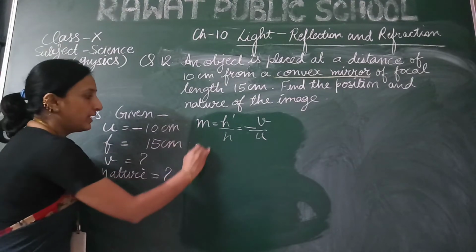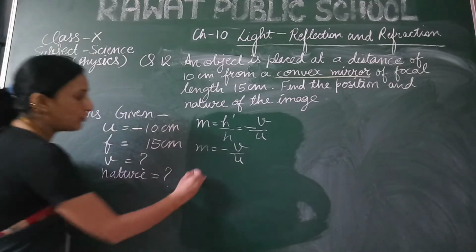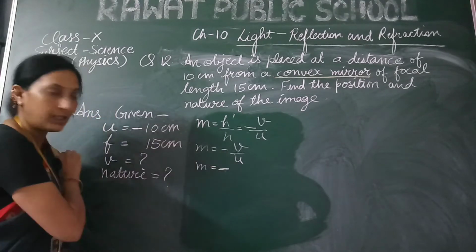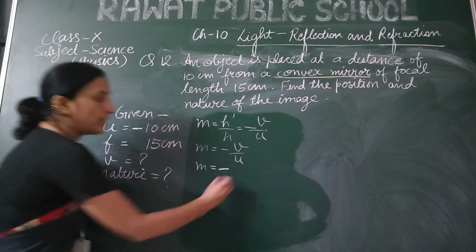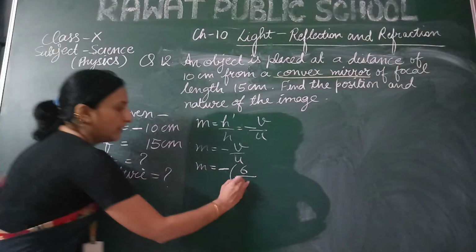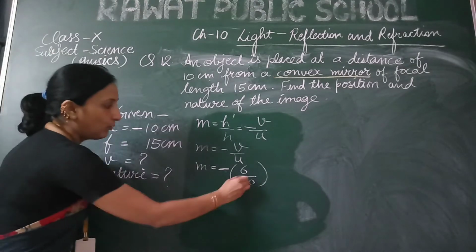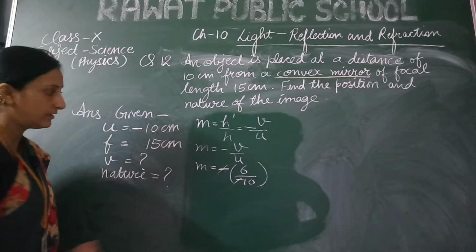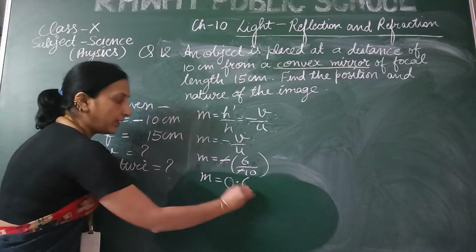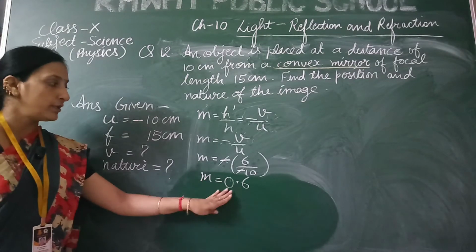So we will use M is equal to minus V upon U. Put the values. M is equal to minus, V की वैल्यू अभी हमने निकाली थी 6 and U is minus 10. Clear? Now minus to minus cut. M is equal to 6 upon 10 means 0.6. The value of magnification is 0.6.